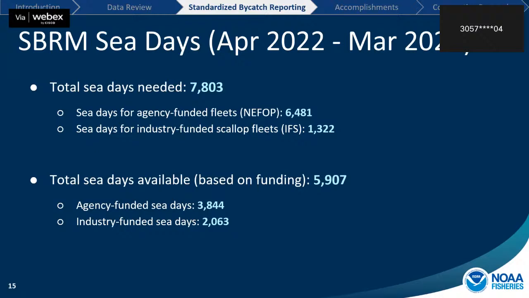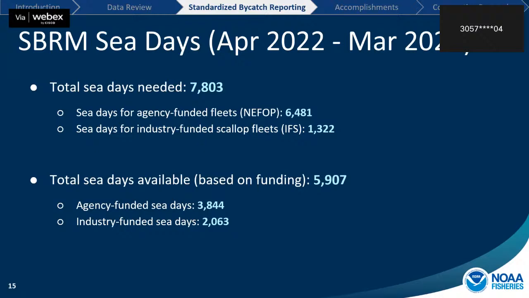To answer that question comprehensively, I would have to get back to you and reach out to the analysts that work on the SBRM. But to answer at a broad level, when we do the budget analysis to determine how many days we need, that's going to affect the agency-funded sea days.